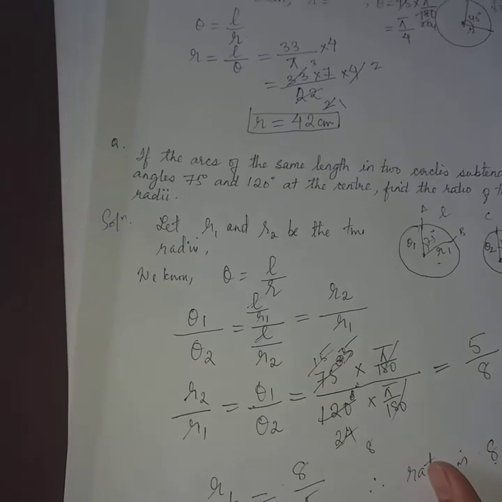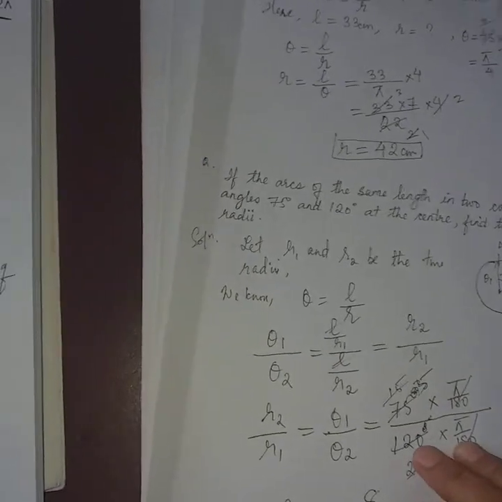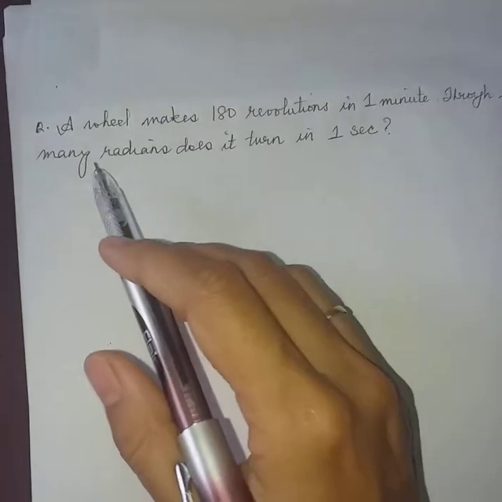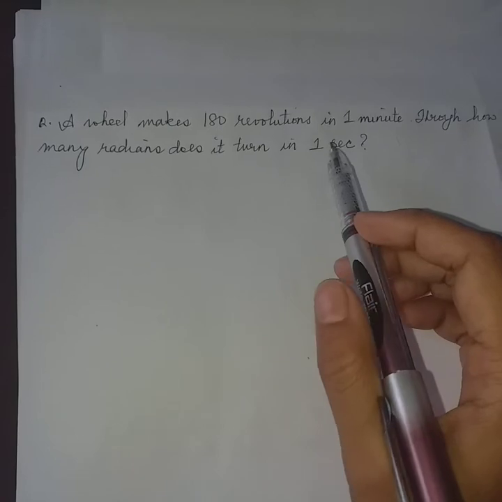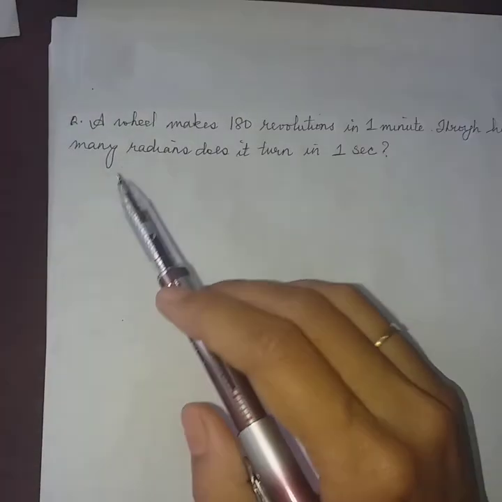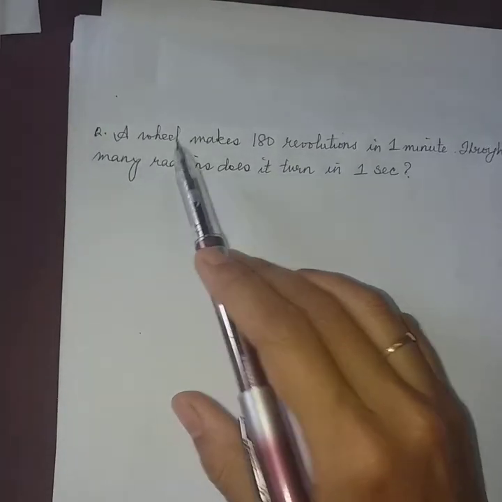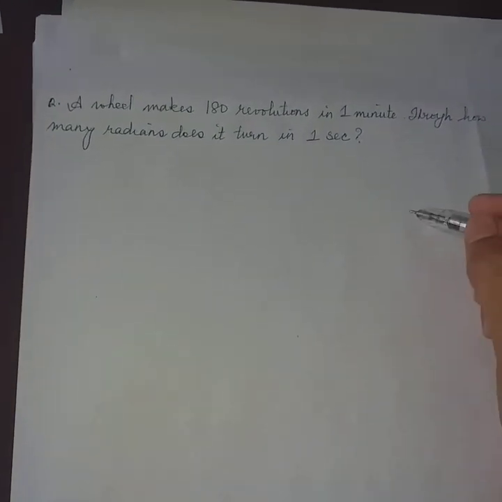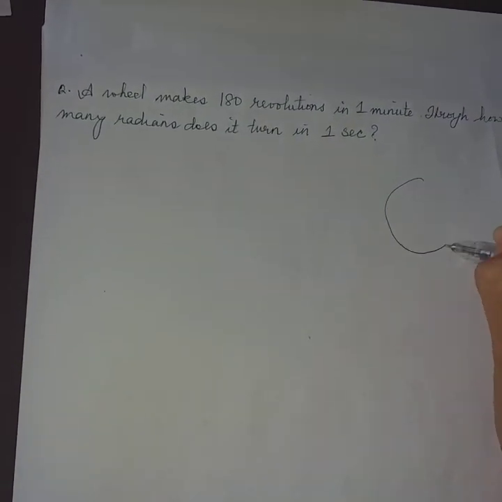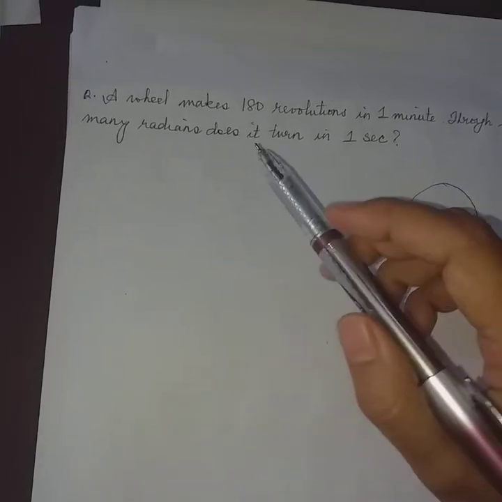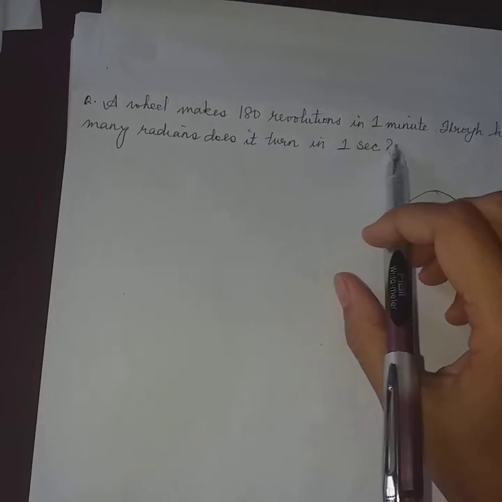Let us see another question, the third one. A wheel makes 180 revolutions in 1 minute. Through how many radians does it turn in 1 second? So we know what a wheel is. A wheel is of circular shape. It's a circle. It makes 180 revolutions in 1 minute.